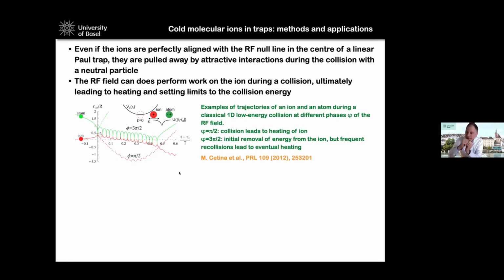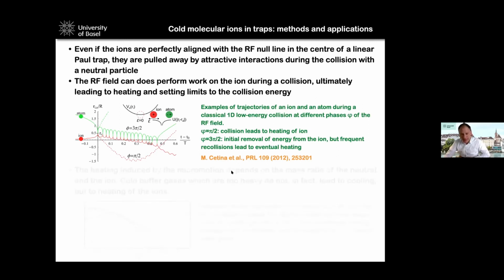So that means that even if you have perfectly cold, perfectly micromotion compensated ions, even if you have cooled them down to the motional ground state of the trap, and even if you have ultra-cold atoms, through these collisions, if these collisions are elastic, and if you already have a couple of them, then you get heating of the ions because of micromotion interruption.